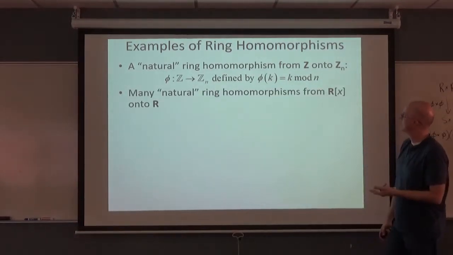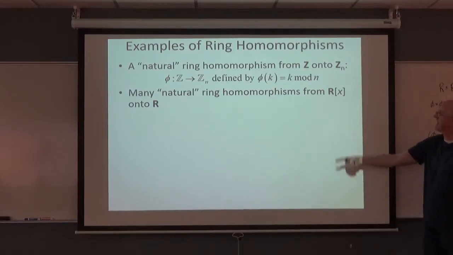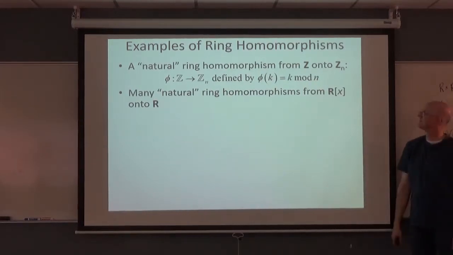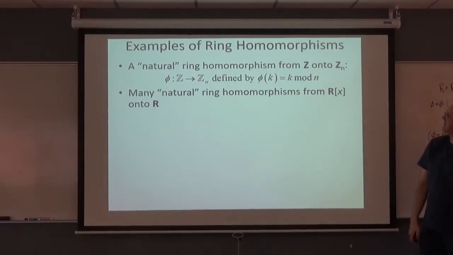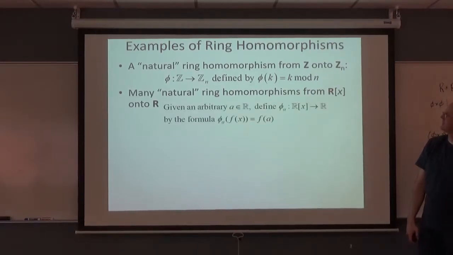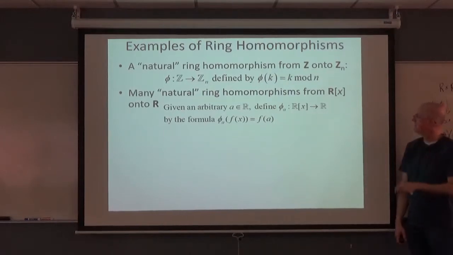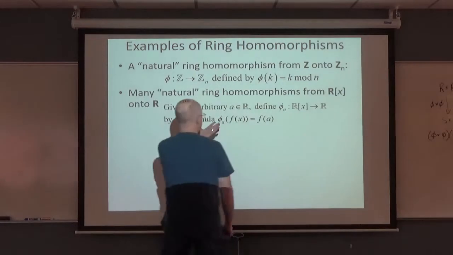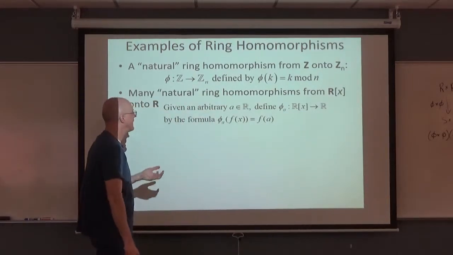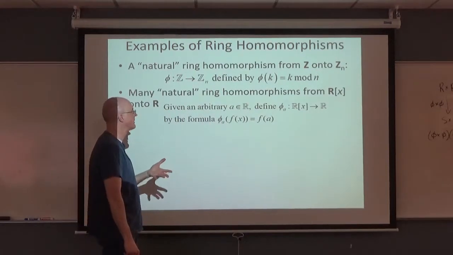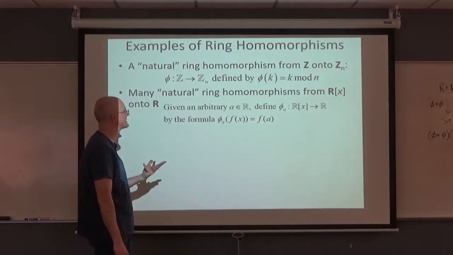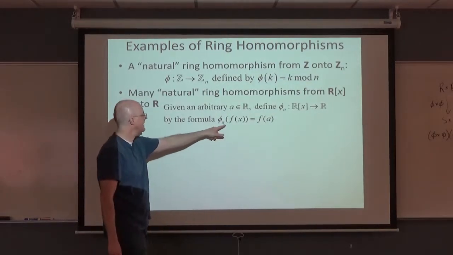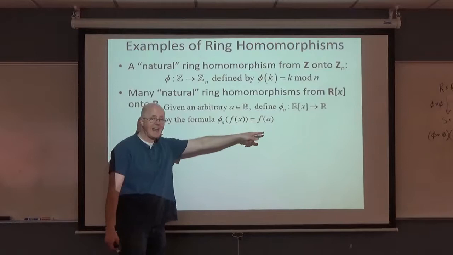There are many natural ring homomorphisms from this polynomial ring into R itself. You can write those natural homomorphisms this way, in terms of a formula. Given an arbitrary real number a, define phi sub a from the polynomials with coefficients in R to R itself by this formula. Take an arbitrary polynomial and plug in a.